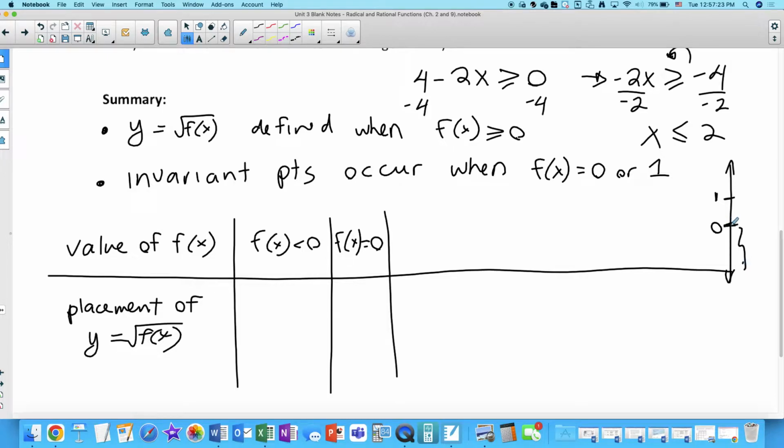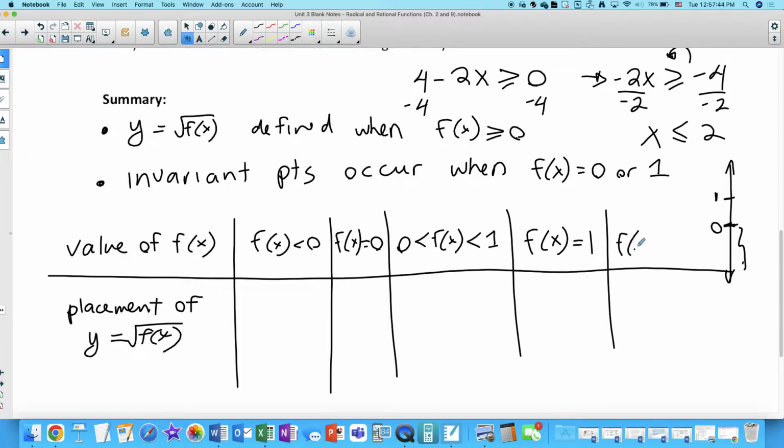Equals 0 is here. The next one would be here, between 0 and 1: 0 is less than f of x, which is less than 1. F of x equals 1. And then finally, this last piece, f of x is greater than 1. Okay, and what I specifically want to look at is where is the graph of the radical compared to the original?